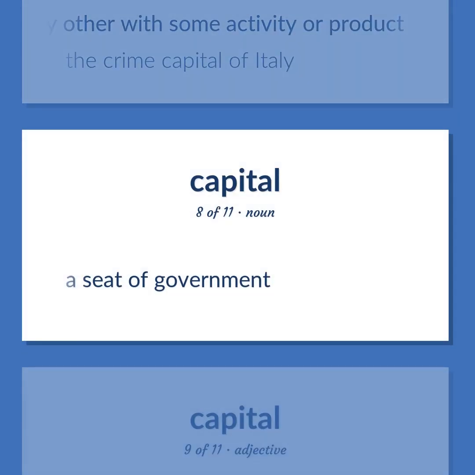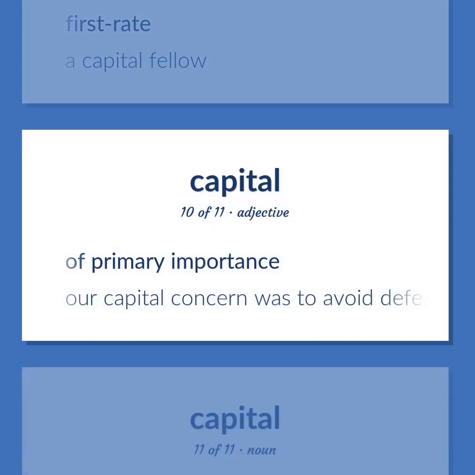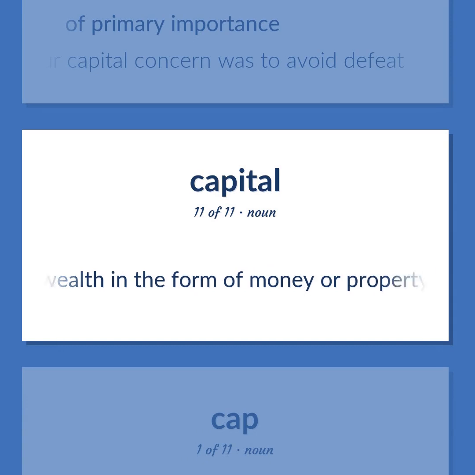A seat of government. First rate. A capital fellow. Of primary importance. Our capital concern was to avoid defeat. Wealth in the form of money or property owned by a person or business and human resources of economic value.